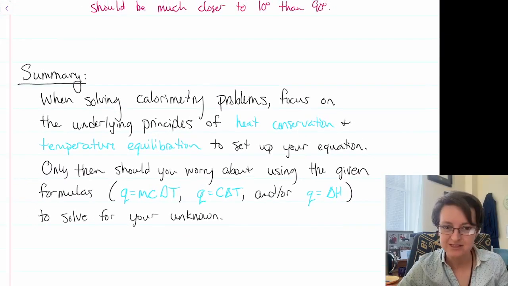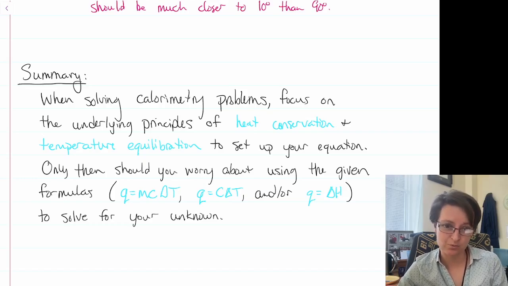My suggestion is that as you're solving calorimetry problems, don't first focus on what numbers to plug in where, but instead focus on how the underlying principles of heat conservation and temperature equilibration apply to your specific context, because that's going to give you an overall equation in terms of Q that helps you figure out where to plug in your numbers and how to solve for your given unknown variable.